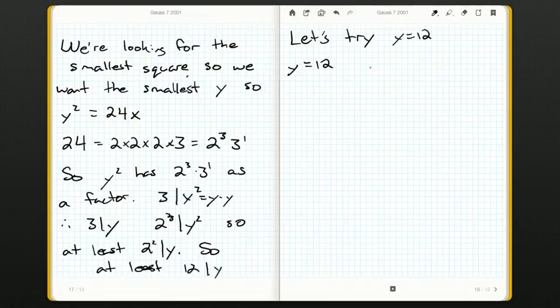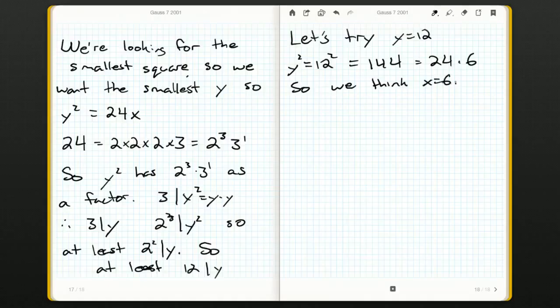This might work. It might not. If it doesn't, we'll have to keep going on to the next multiple until we find that it works. So y squared is 12 squared, which is 144, which is 24 times 6. So we think x is equal to 6.